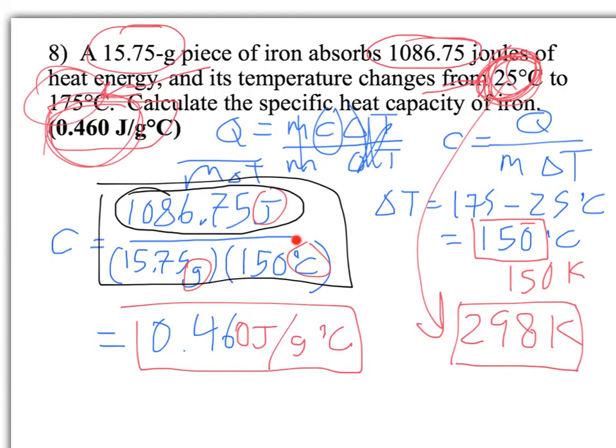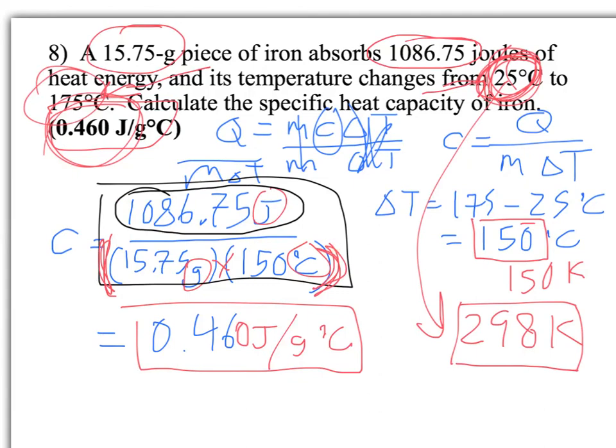This is below the line here, which means you need to divide by 150 just like you divided by 15.75. If you wanted to multiply these, you'd have to put parentheses around both of these numbers first, because if you don't do that, then when you multiply, you just moved the 150 up to the top.